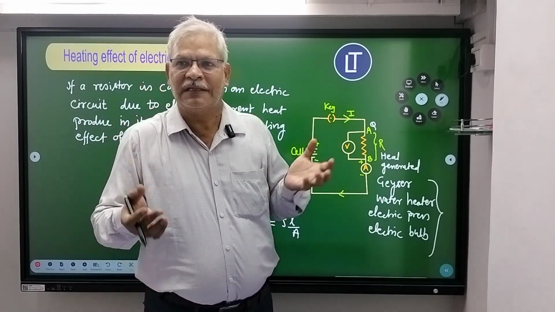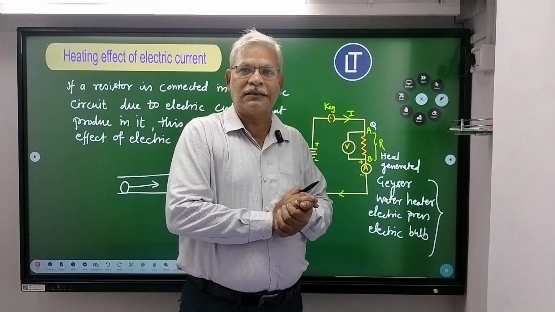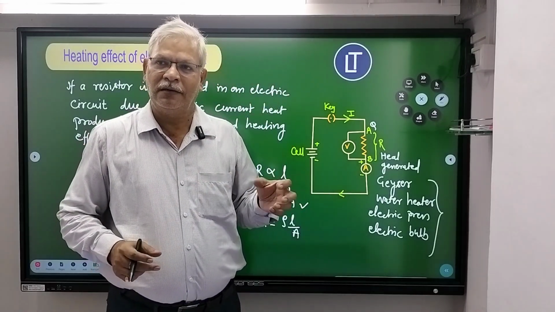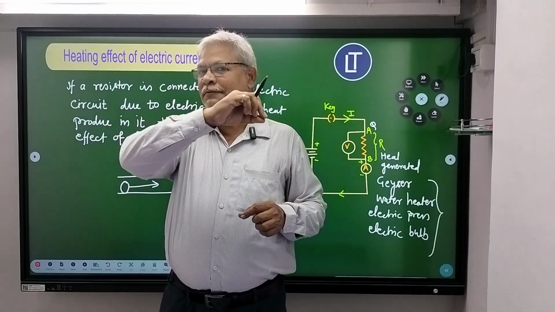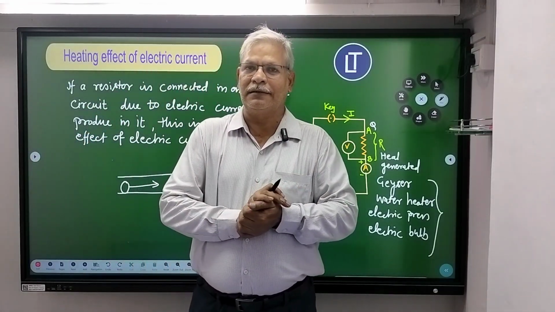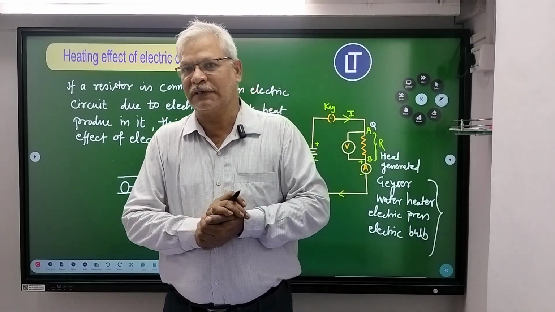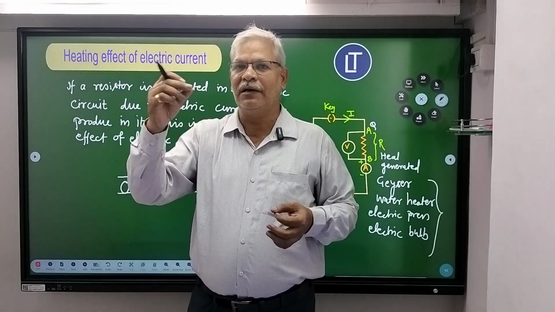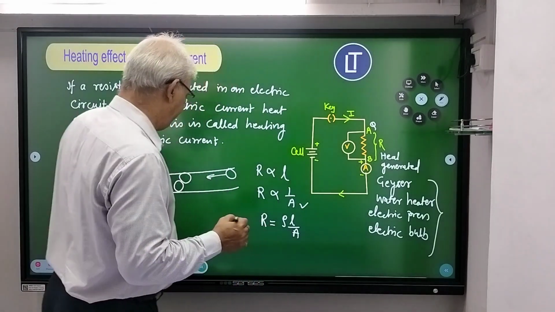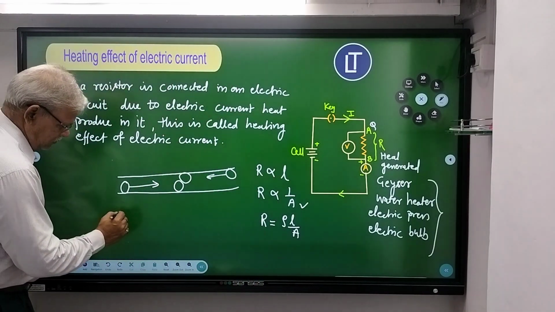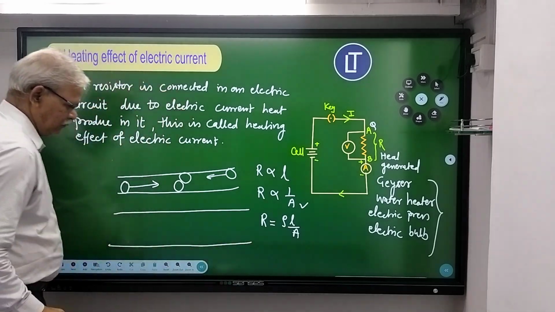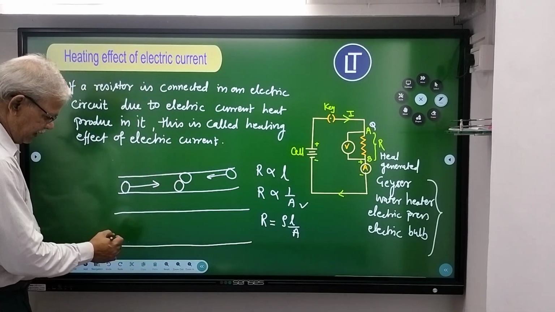The same thing happens in the case of a conductor or wire. When the wire is thin, the electrons flow and get more and more obstacle. Therefore, that filament gets heated. Understood? Suppose this lane is wide, then what will happen?